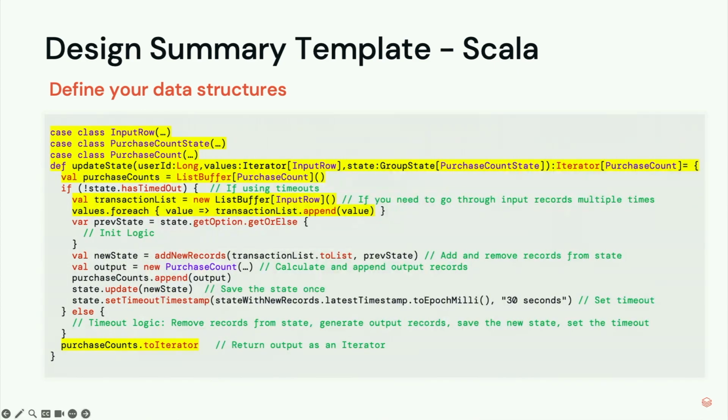I've highlighted here the sections where you're defining your data structures: what goes in, what is saved, and what comes out, the definition of the function, and supporting structures that you need internally to do your logic and to output. Here we go. You're going to define your initialization logic here.